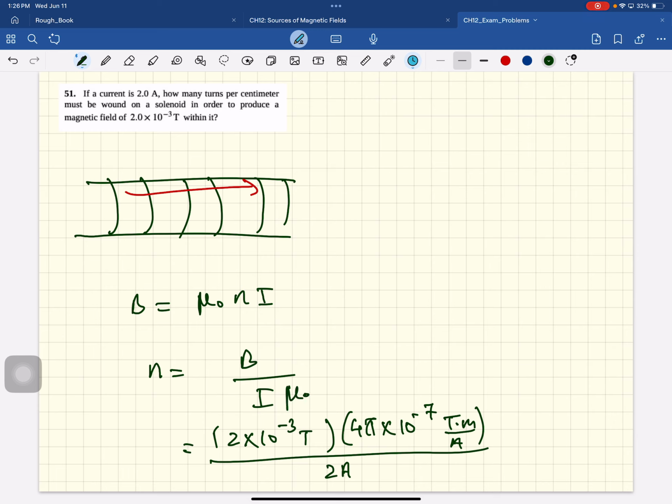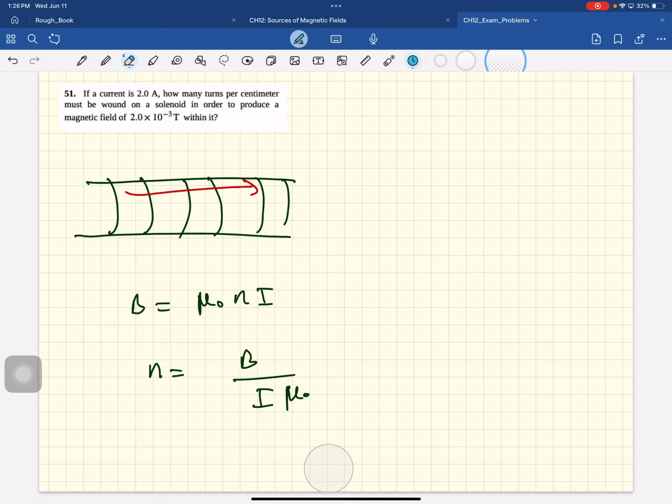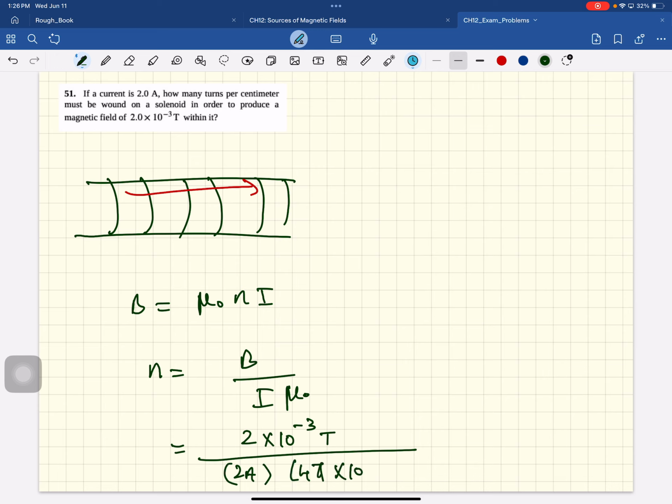I knew something wasn't right. And you get 1 per meter. So that's the units for that, number of turns per meter.